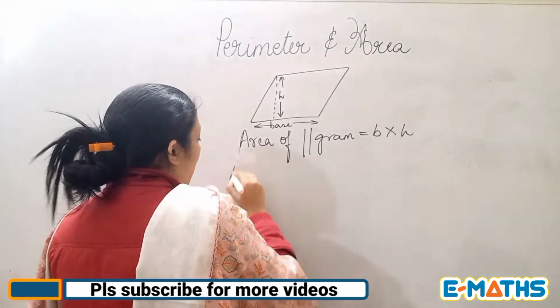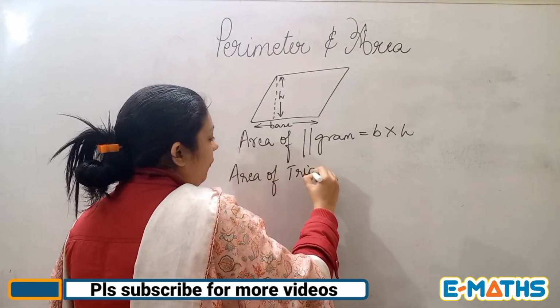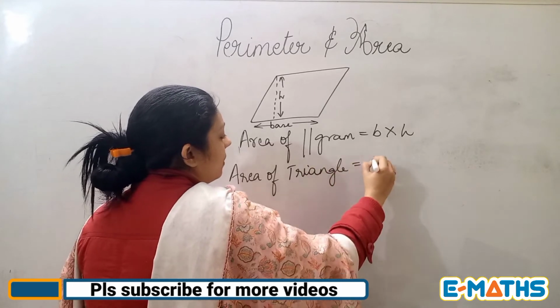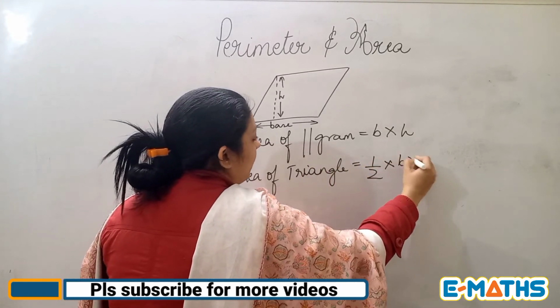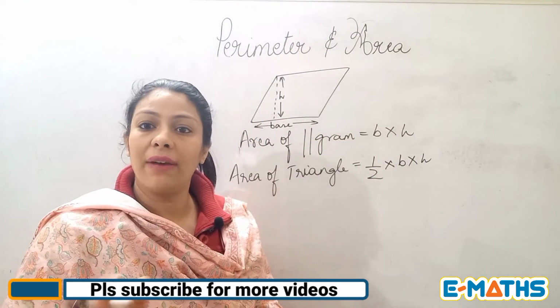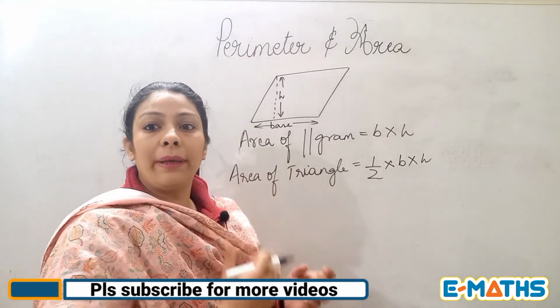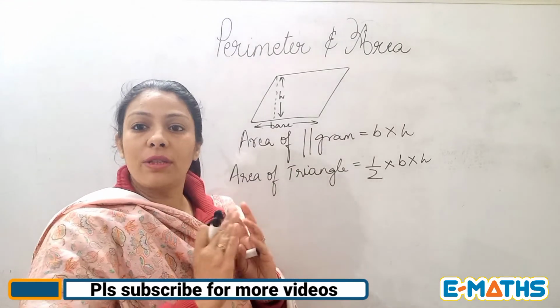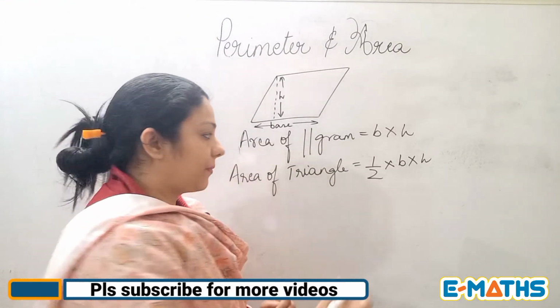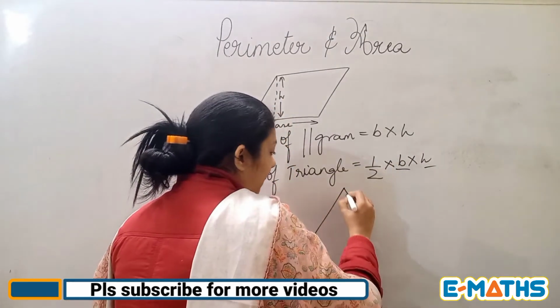If we talk about triangle, area of triangle is half into base into height. So if you are observing the formulas, we are having two dimensions in each case, and that's why our units remain the same for area. It is a square unit in each case. Here also you have two dimensions, base into height. And how do we take it up?